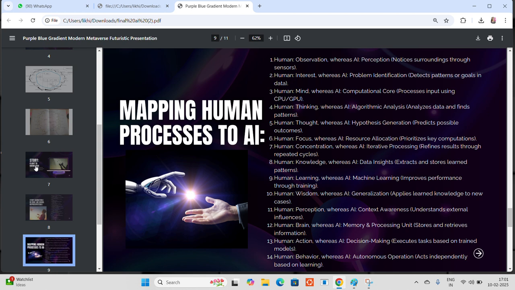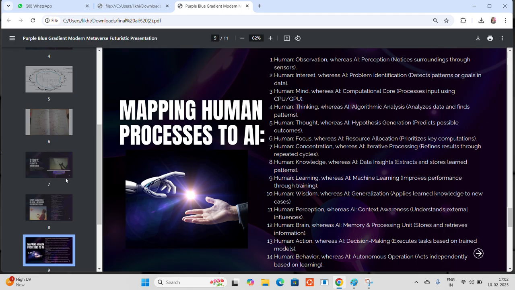Okay, in humans we have a component called knowledge, but in AI it is represented as data insights. Means AI extracts insights and patterns from the data. Coming to learning, in humans we use the component called learning, but in AI we use machine learning. Means AI trains a model to improve its performance.